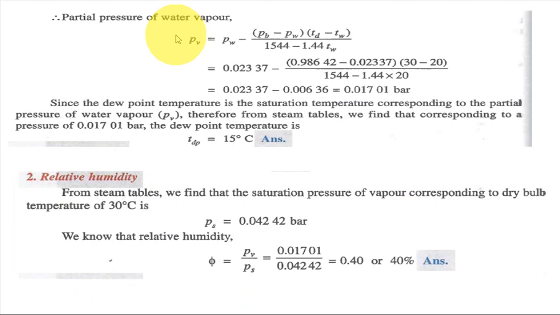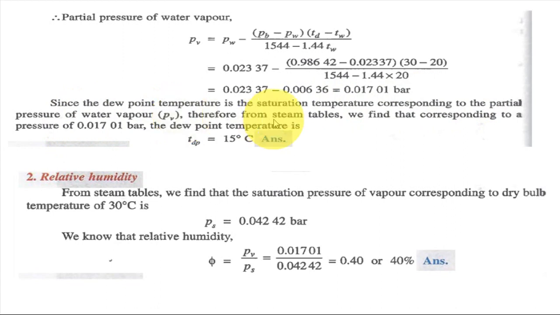Then using the Carrier equation, I find the partial pressure of water vapor: Pv equals Pw minus (Pb minus Pw) into (Td minus Tw) upon (1544 minus 1.44 Tw). Putting in the values, I get the partial pressure of water vapor equal to 0.01701 bar. Now the dew point temperature is nothing but the saturation temperature corresponding to the partial pressure of water vapor.